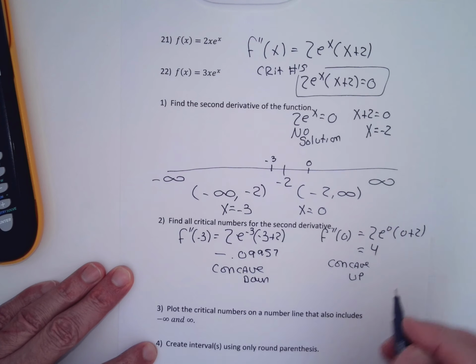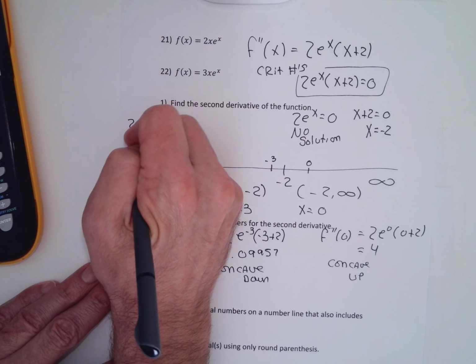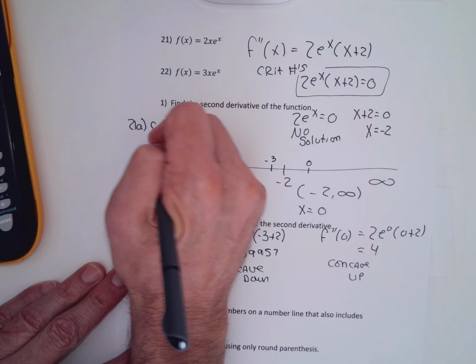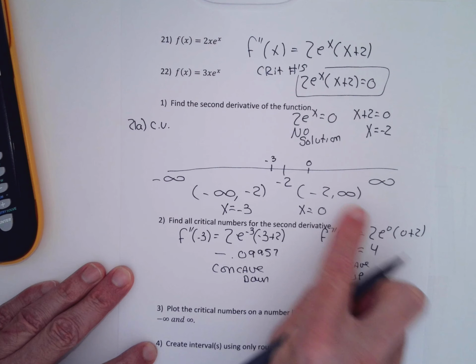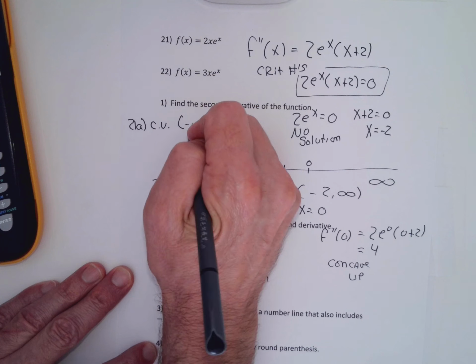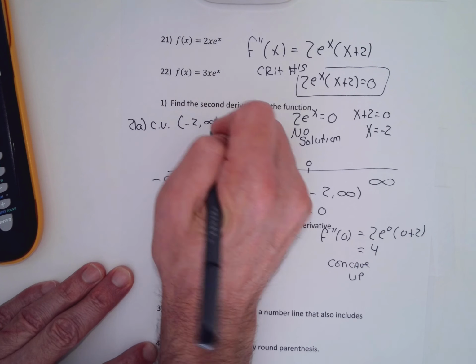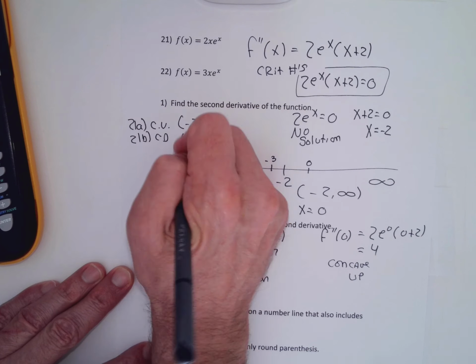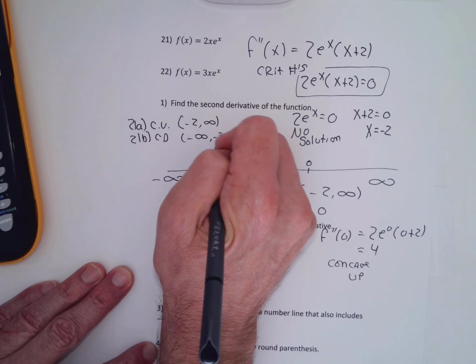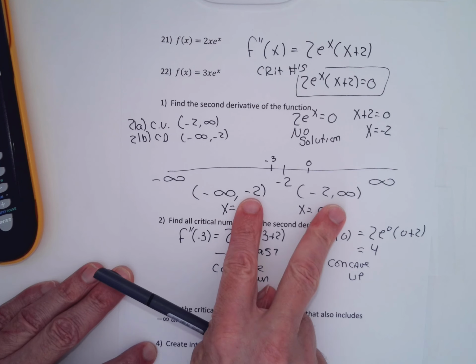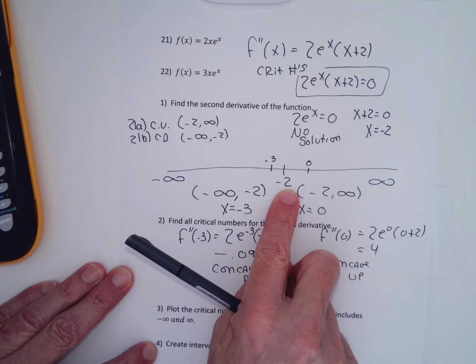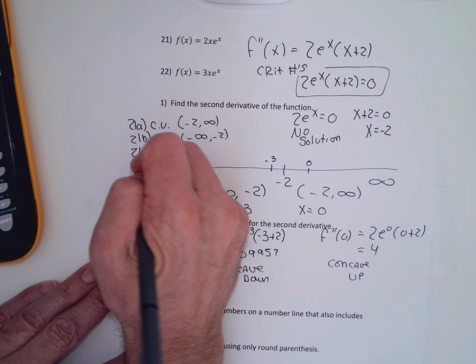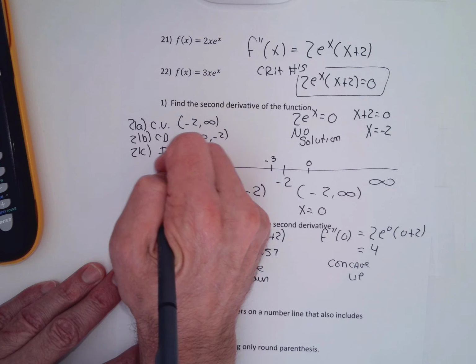So for 21a, the graph is concave up in the interval from -2 to infinity. For 21b, the graph is concave down in the interval from -infinity to -2. The graph changes concavity and it's continuous there. So for 21c, I have an inflection point.